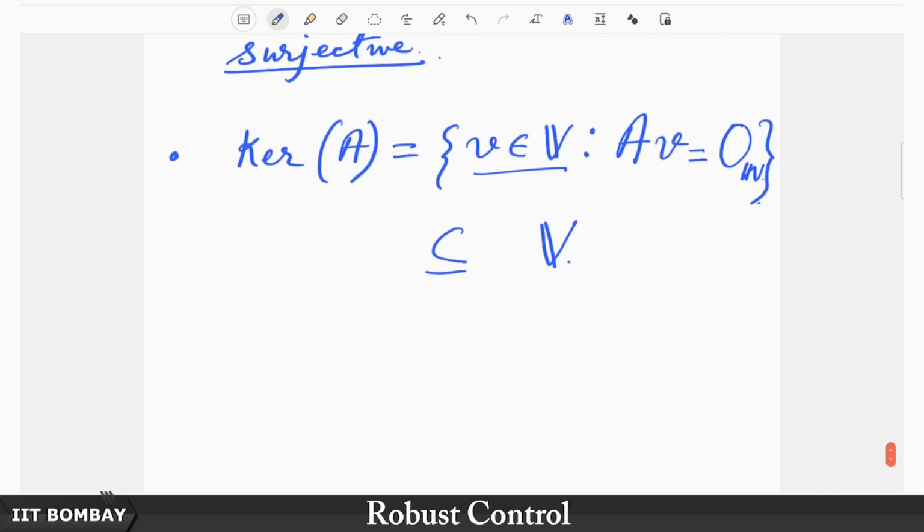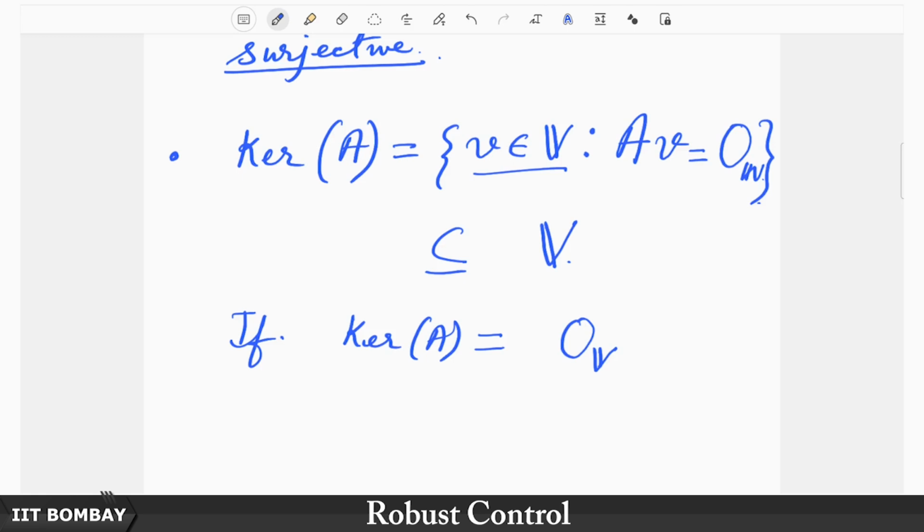Now, interestingly, if the kernel of A is just the set containing the 0 element in V, which is of course a subspace, the 0 element in a vector space is the smallest subspace you can get.